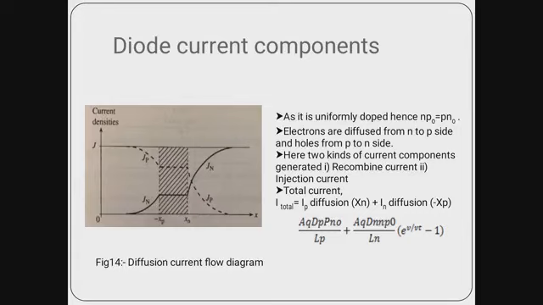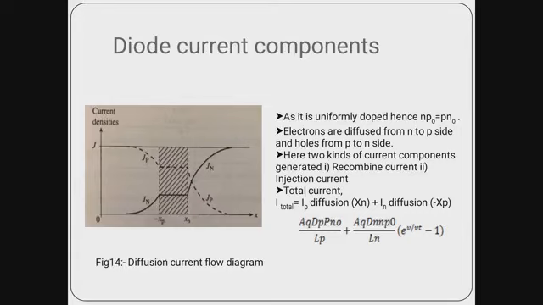That means np0 is equal to pn0. Both minority carrier concentrations are equal in magnitude. Electrons are diffused from N to P side and holes are diffused from P to N side. So the diffusion current, and Xn and Xp, are the distances.